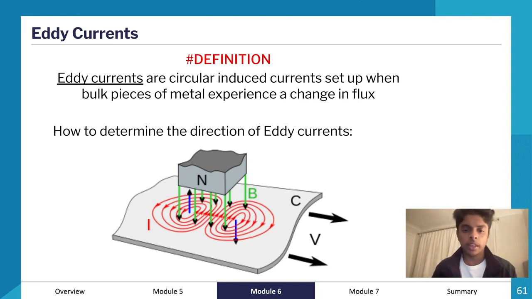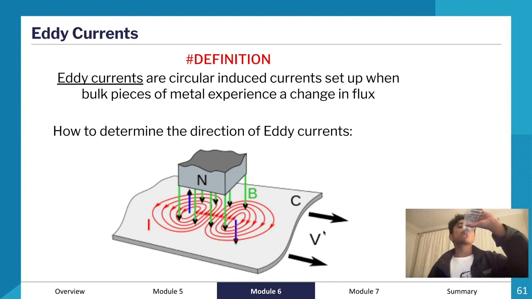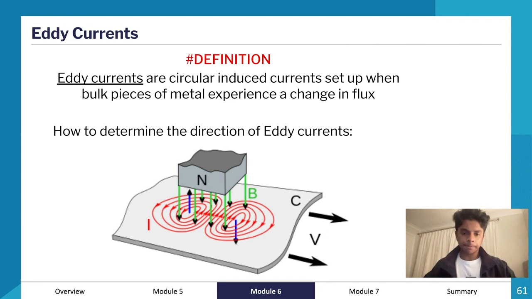So if you look at this example, I have a North Pole, and let's say I have a sheet of metal moving to the right. We have magnetic fields going downwards.